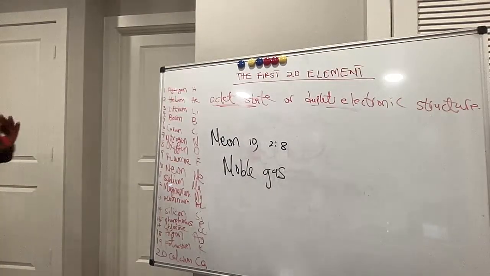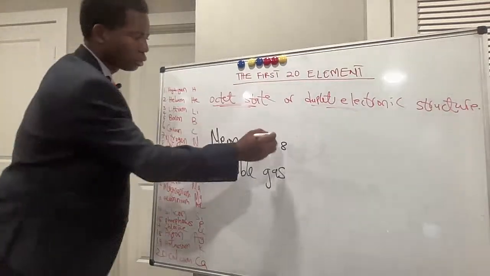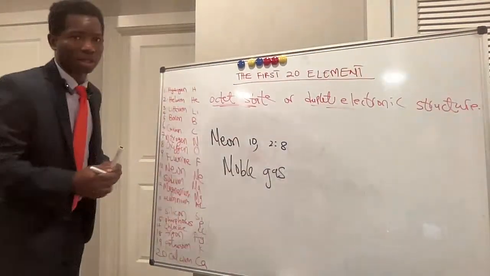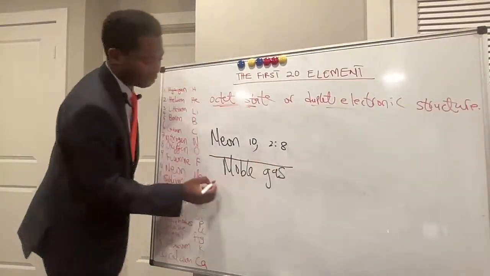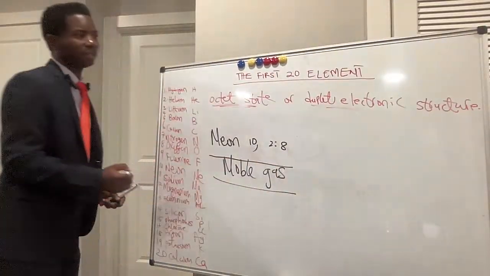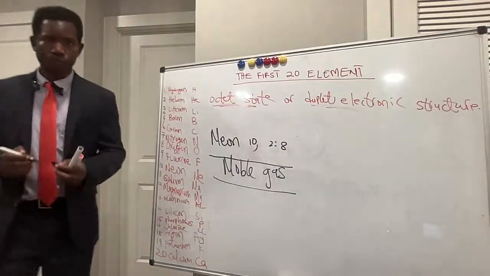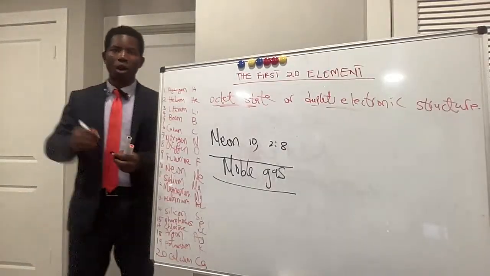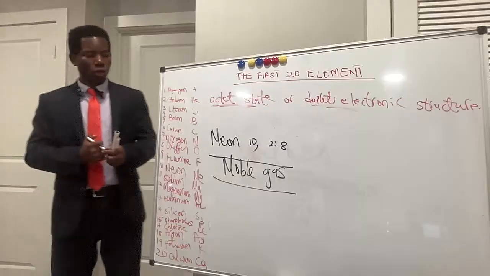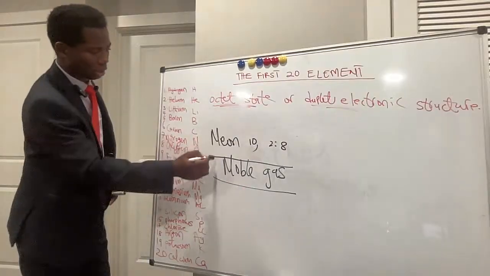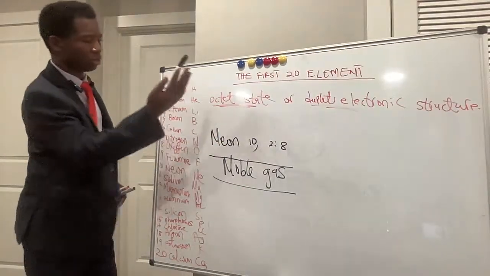The atom is very stable because it has obtained an octet state. Neon has obtained an octet state, or a duplet electronic structure. That is how to see its character. So this element is not reactive.